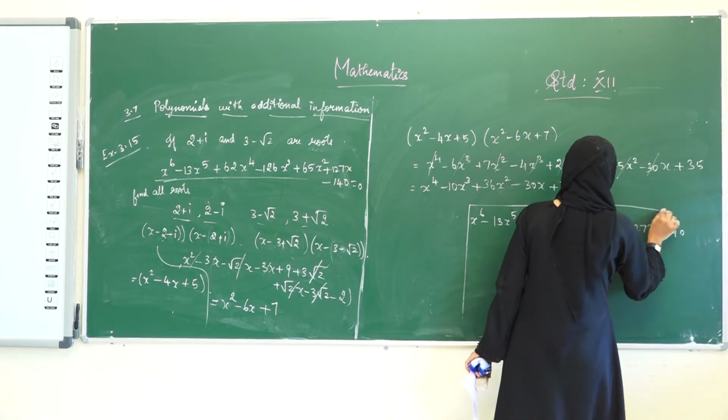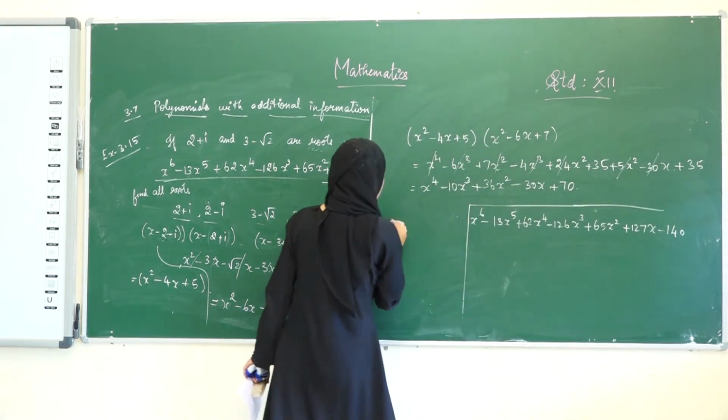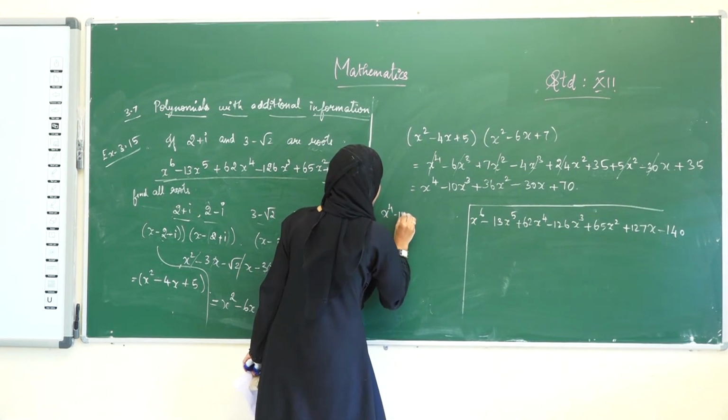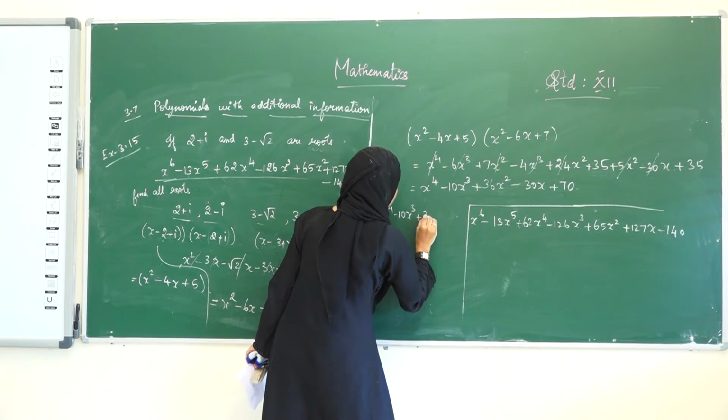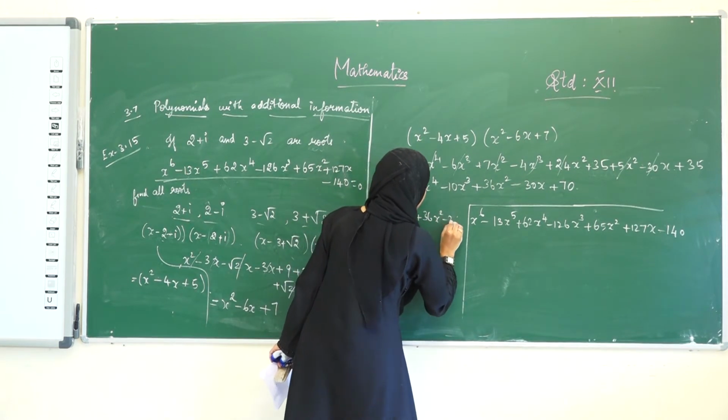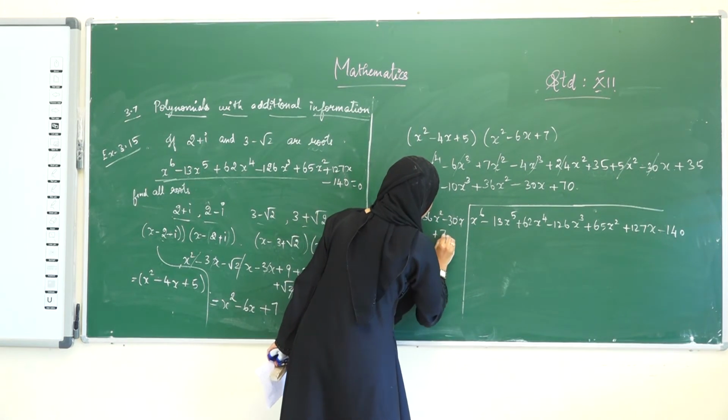We are going to divide this with this term, that is x power 4 minus 10x cube plus 36x square minus 30x plus 70.